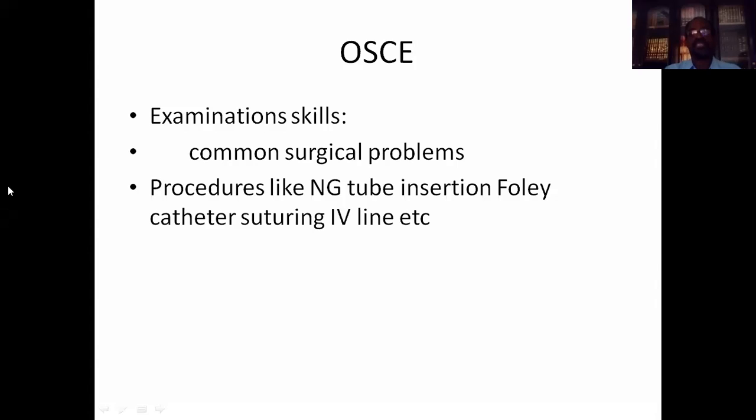So examination skills are one important constituent of most of the dynamic stations. If the dynamic stations are 8, then you will expect 5 of them to be examination, and if they are 10, then you are expecting 6 to 7 stations.